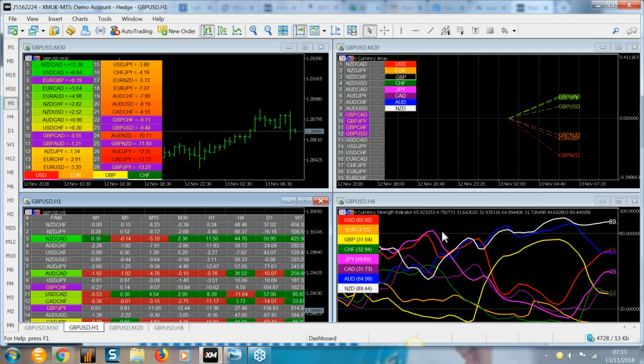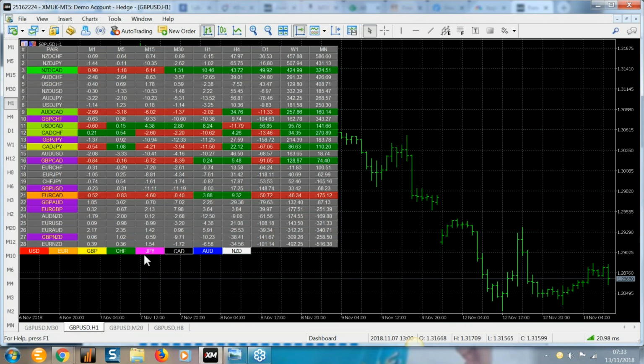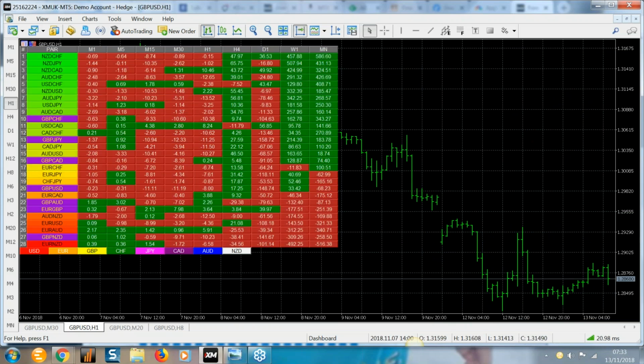And in fact, I was going to talk about the heat map because I'm looking at the heat map at the moment for extremes. One of the reasons I like the heat map, I like to be in trades a little bit longer. I don't have so much time anymore to sit in front of my screen to use the faster time frames. So I'm looking for those pairs that are at an extreme.